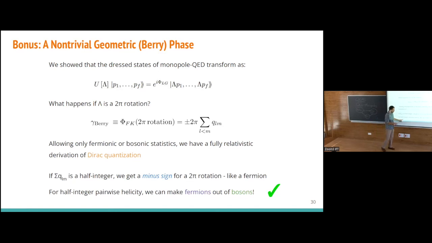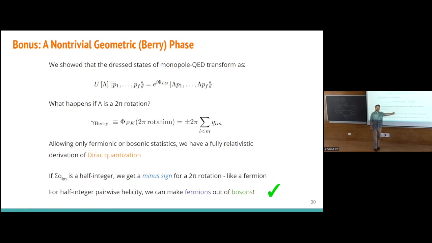So what did we do here? We took a system that's made out of bosons, a boson monopole, a boson charge, and a cloud of coherent photons, and as we know, photons are bosons as well. And this entire system together behaves like a fermion, because the coherent state of photons actually has fermionic statistics when it's sourced by monopoles and charges with sigma q equals half. So this was known in the past, even 't Hooft wrote about it, but it wasn't shown in QFT.